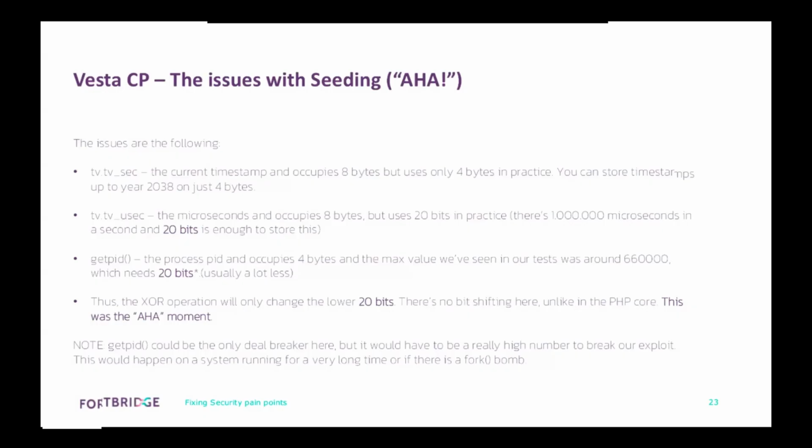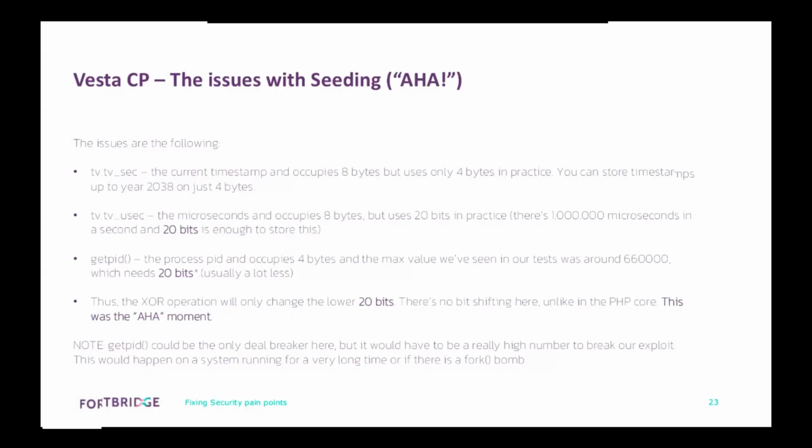You can store any value from 1970 to 2038 on just 4 bytes. Again, the microsecond also occupies 8 bytes. However, only 20 bits are enough in practice to store 1 million values. The PID, again, occupies 4 bytes. However, I did a lot of heavy testing.